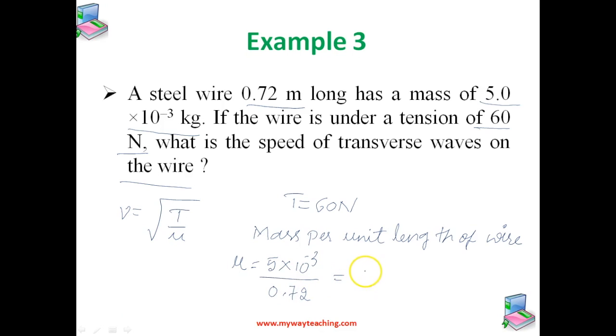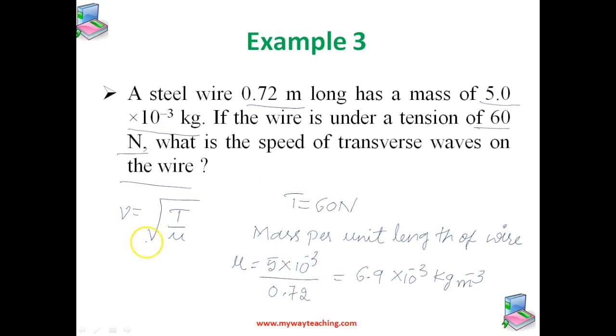If you simplify this, we get mass per unit length as 6.9 into 10 raised to minus 3 kg per meter. So now we got the value of mu as well as T.